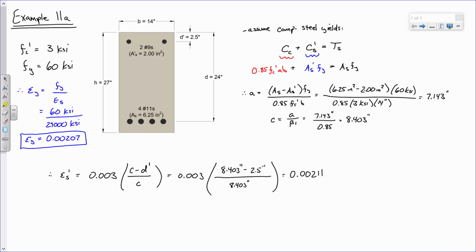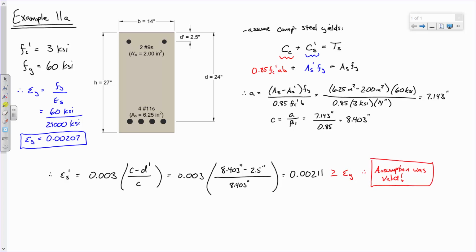That means that when we assumed that the steel yielded, we were correct, because this strain is greater than that. So this is greater than or equal to epsilon sub y, so the assumption was valid.